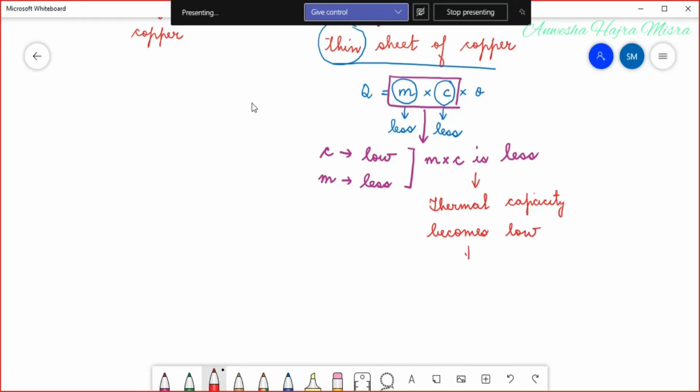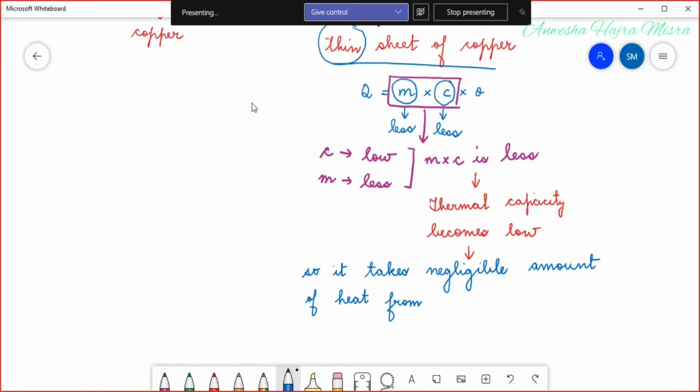So it takes negligible amount of heat from its contents to attain the final temperature.